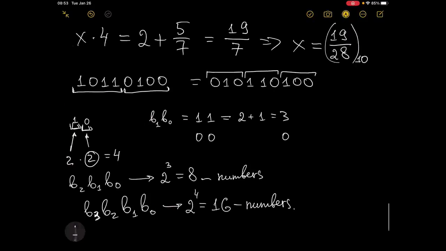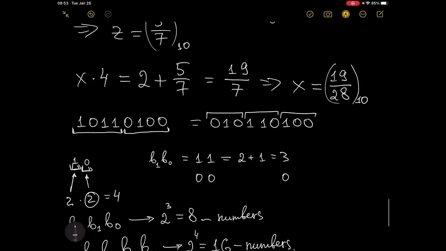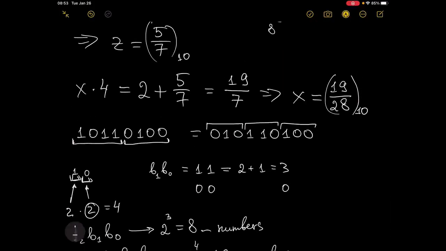So essentially, the idea is the following: you can split your 8 bits in the byte. We are used to the decimal system, right? But 10 is not a power of 2, right?